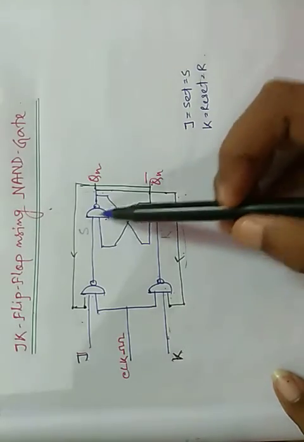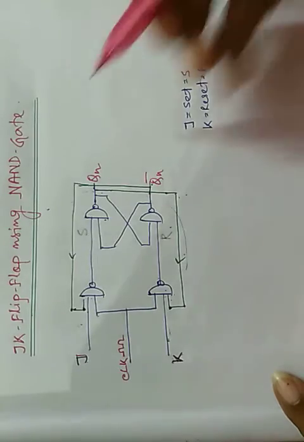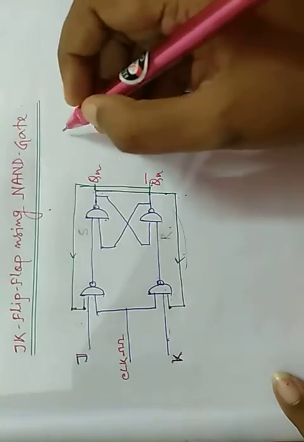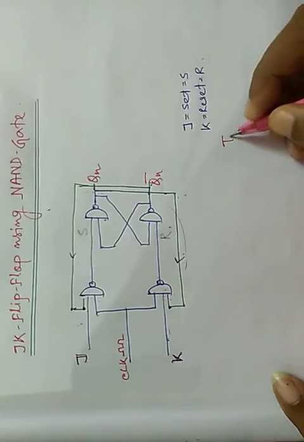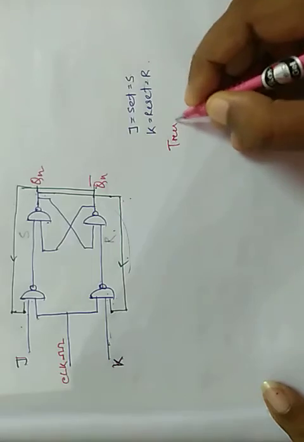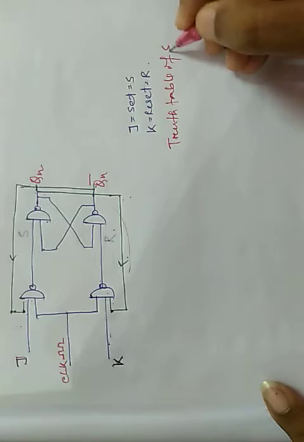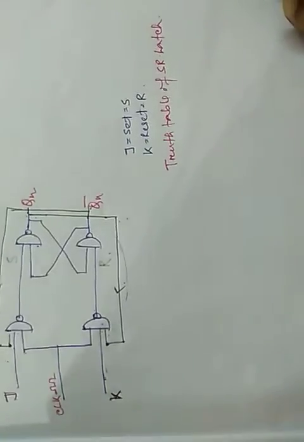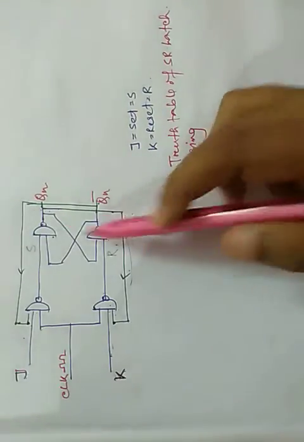Now as this portion is the SR latch using NAND gate, we should write the truth table here. Here I am writing the truth table of the SR latch using NAND gate.